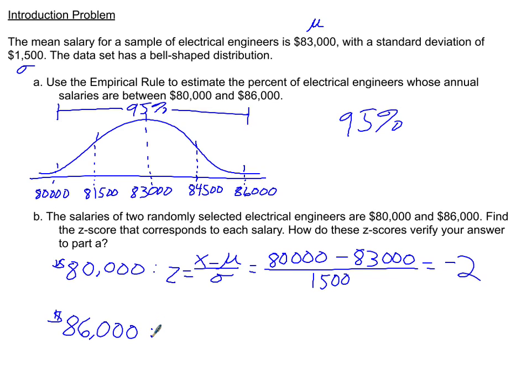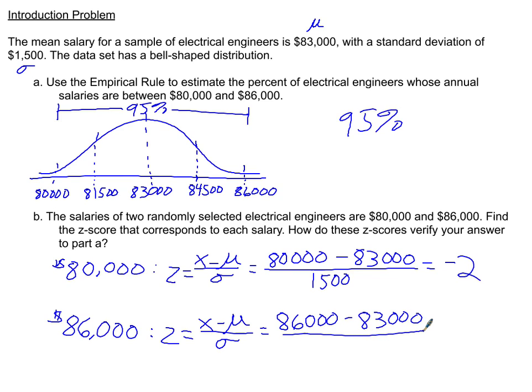And the data value of $86,000, substituting into the z-score formula, we have 86,000 minus 83,000, all divided by the standard deviation of 1,500. This time we have a z-score of 2.